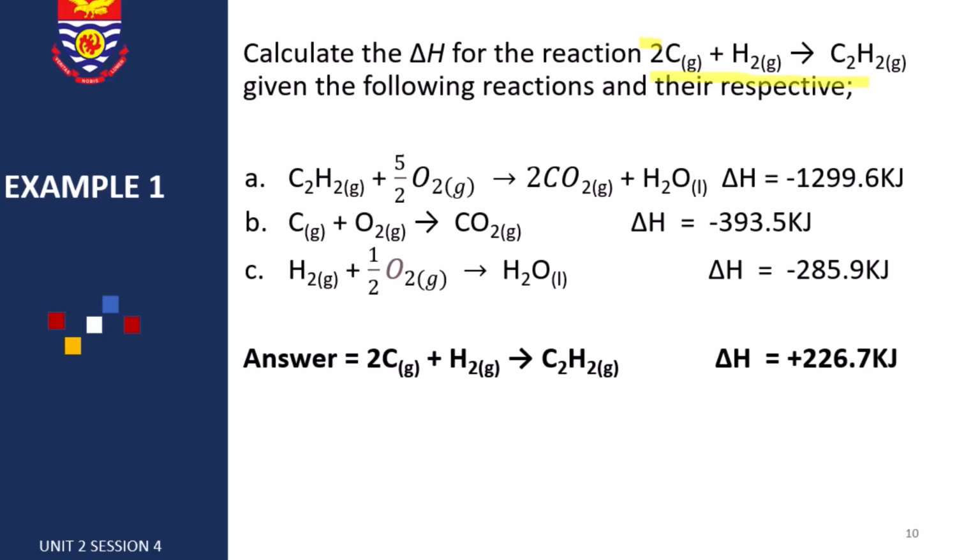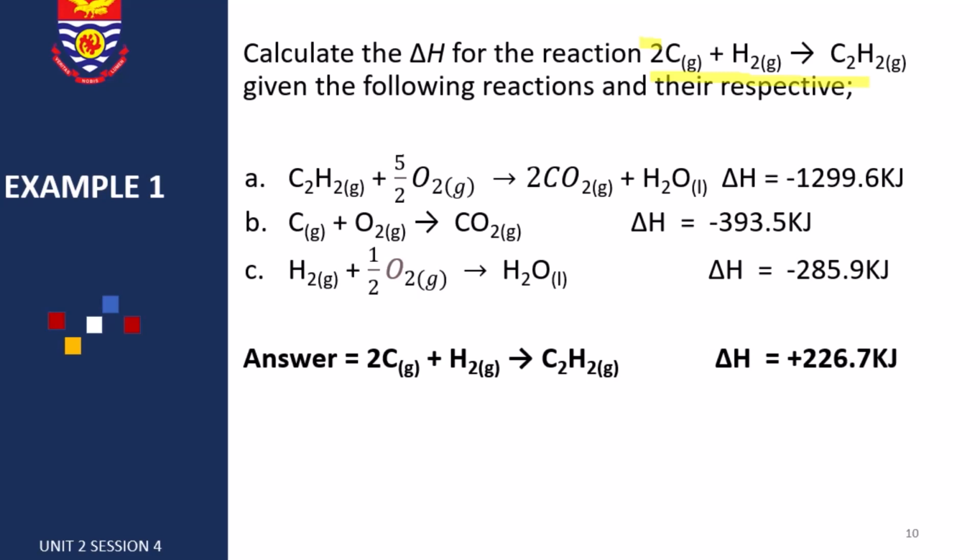So anytime you are using Hess's law to calculate the enthalpy change of a reaction, remember, whatever you do to the equations does not affect the enthalpy changes. However, when you multiply with a particular factor, then the enthalpy change for that reaction is also affected.